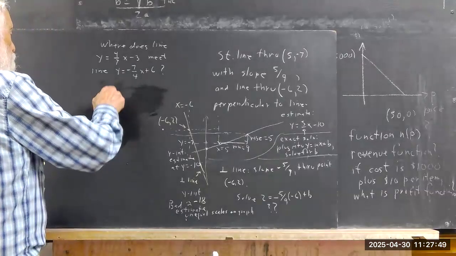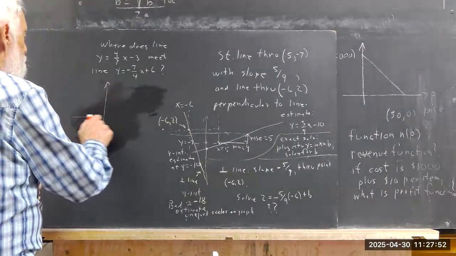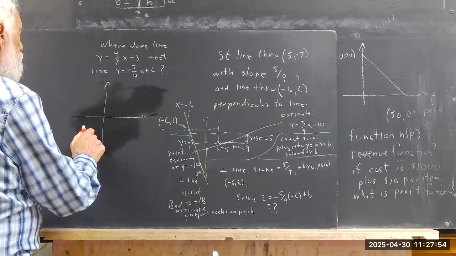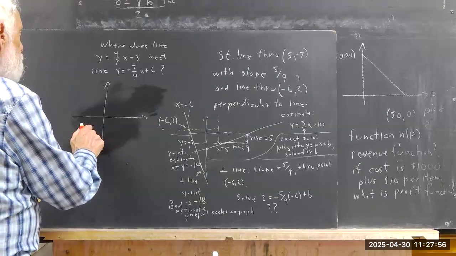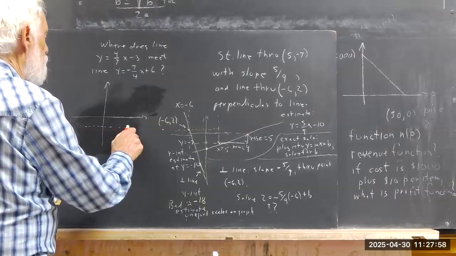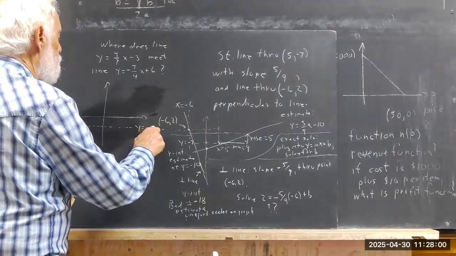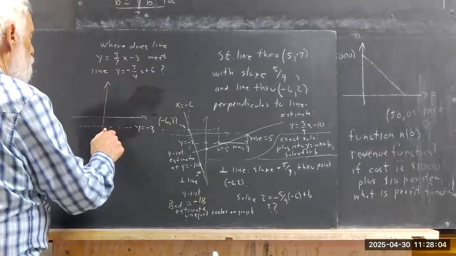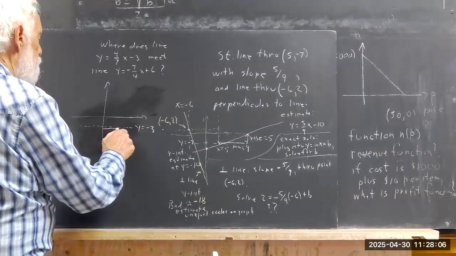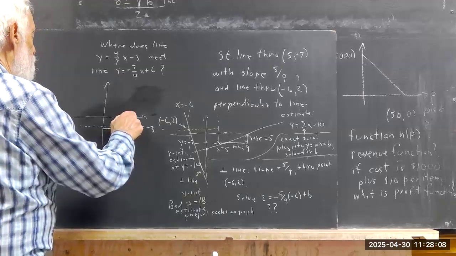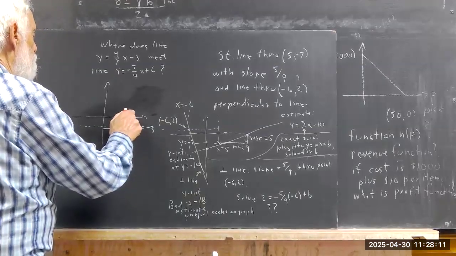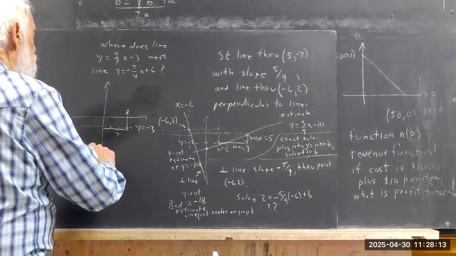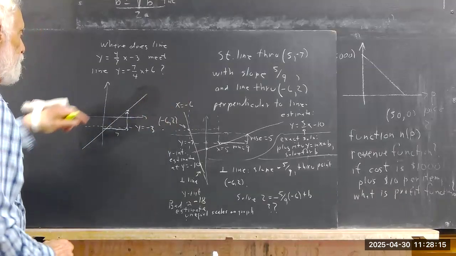I can normally get away with doing what I can't today. Let this be y equals -3, which is what I intended. And then if we move over 7 and up 4, well, over 7 might be about here, and up 4 takes us up a little below the x-axis. And I have a line.